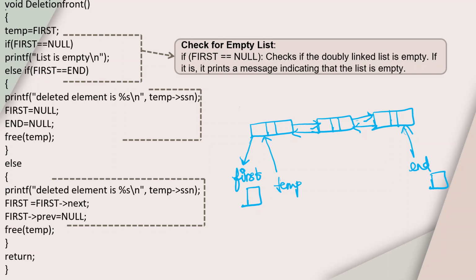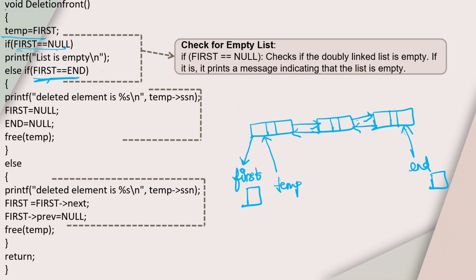I have initialized it like that. Next, to check for the empty list. So if first is equal to null, that means your list is empty. That means if the first is not containing an address, that means if it is null, that means it is empty.